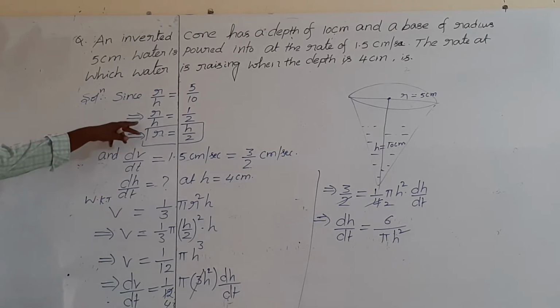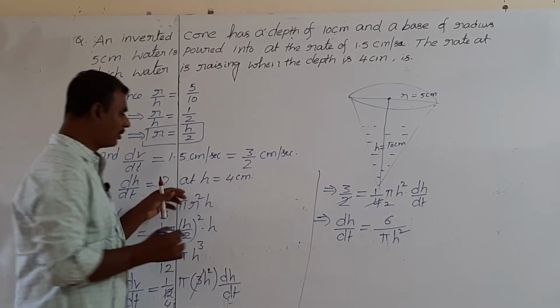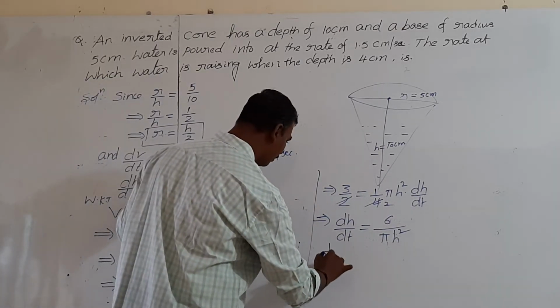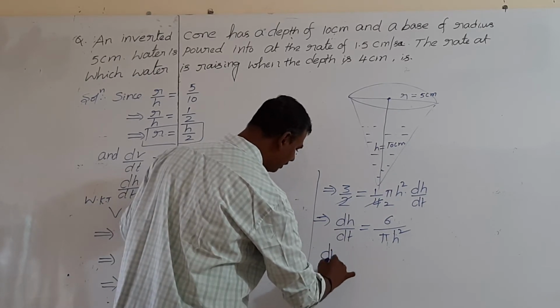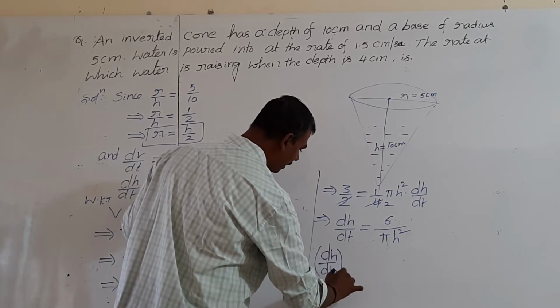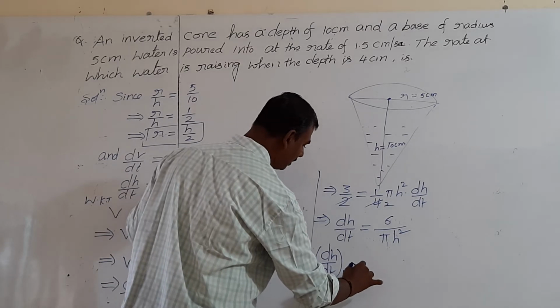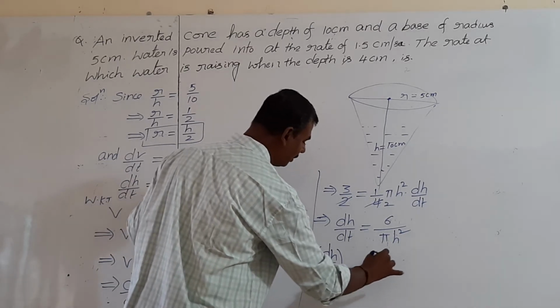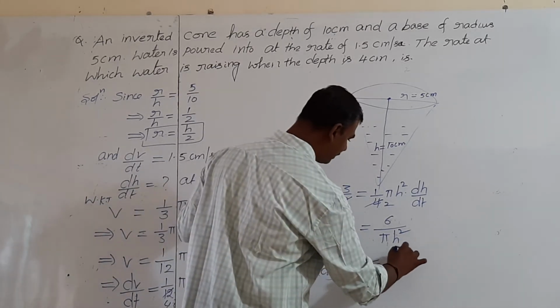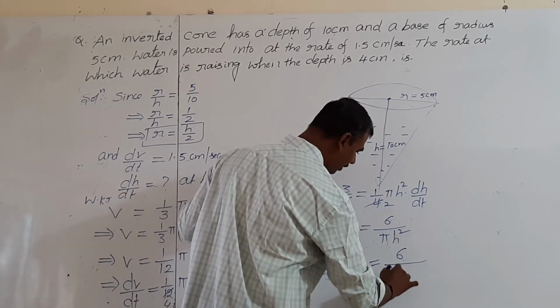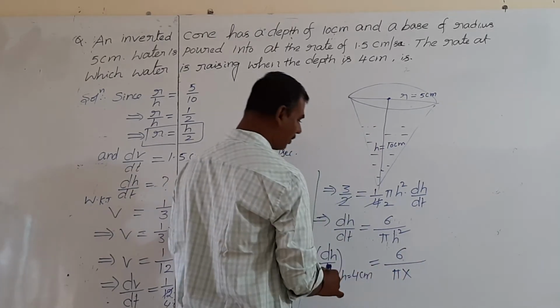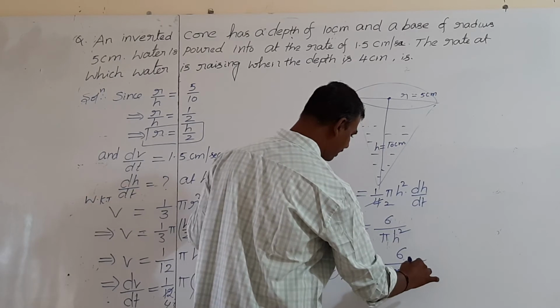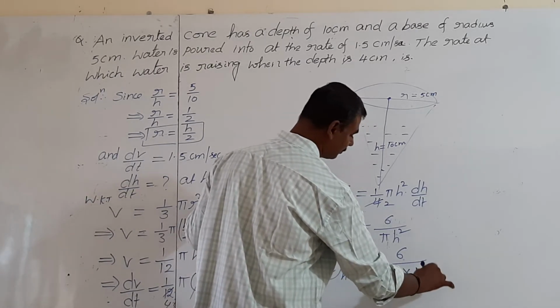Now at the instant when h is equal to 4 centimeters, dH by dt at h is equal to 4 centimeters, find the value of the height increase: 6 by pi into 4 whole square, that is 16, or 4 into 4.